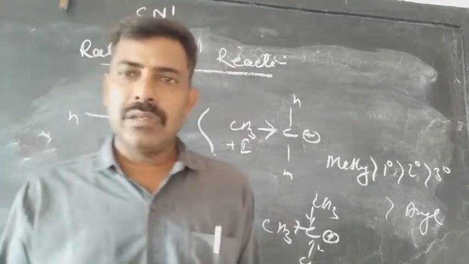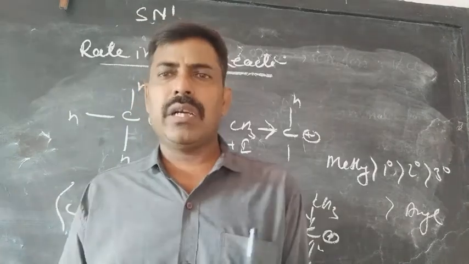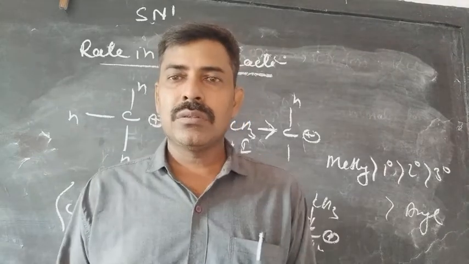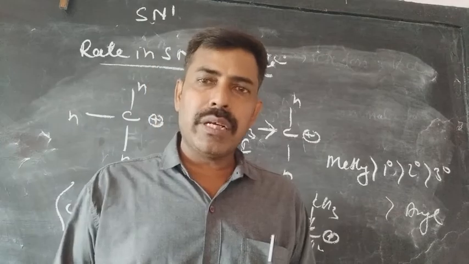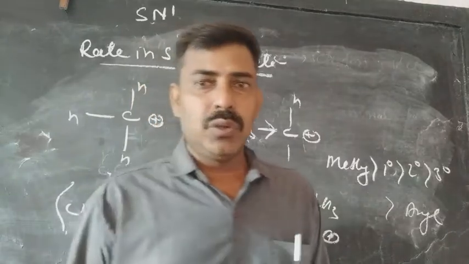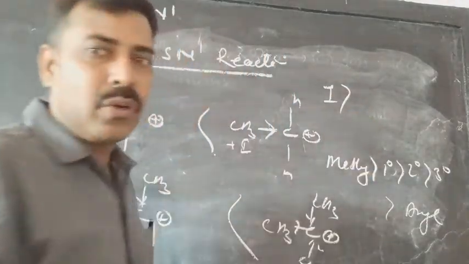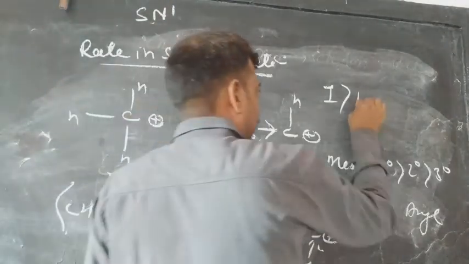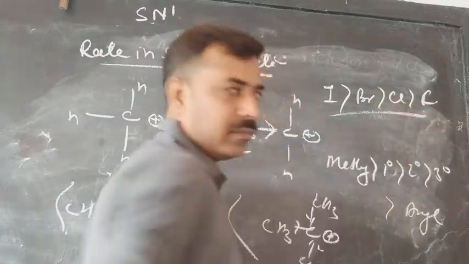But if you take the same alkyl group, methyl, ethyl, propyl, primary, secondary, tertiary, whatever it is, with a different halogen, that means fluorine, chlorine, bromine, iodine, then what will be the rate of reaction in these cases? Which one will go at a faster rate? You can say that with the same alkyl group, iodides will undergo the faster reaction, then the bromo compound, chloro compound and fluoro compound.